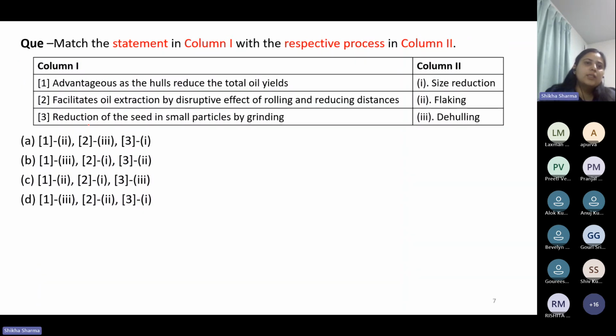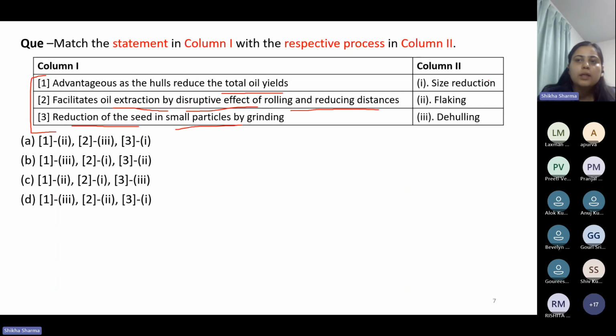So the next question is about matching the statements which are in column 1. The statements are like: advantages as the hull reduces the total oil yield; second, facilitates oil extraction by disruptive effect of rolling and reducing distance; statement 3 is reduction of the seeds in small particles by grinding.